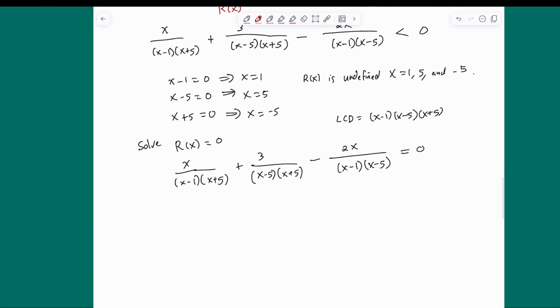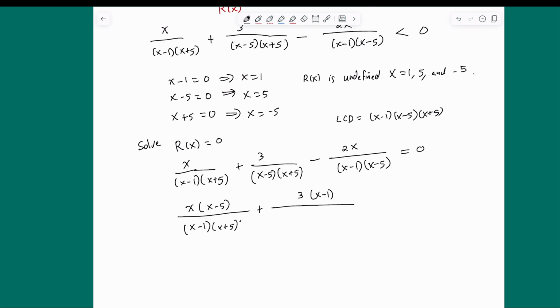which would be x minus 5. Let me just actually do that in the next step here. So that would be x times x minus 5 all over x minus 1 times x plus 5. All right, plus 3 over, well, that second fraction is missing the x minus 1 factor in the denominator, so we'll multiply top and bottom of that by x minus 1.